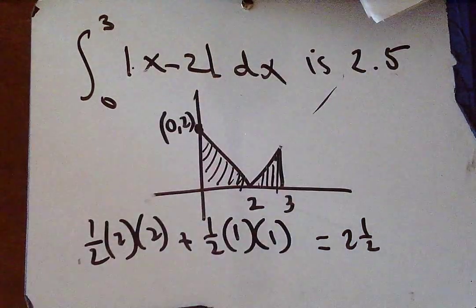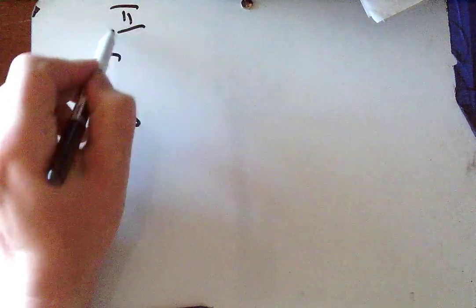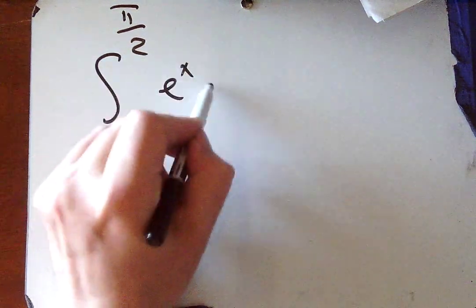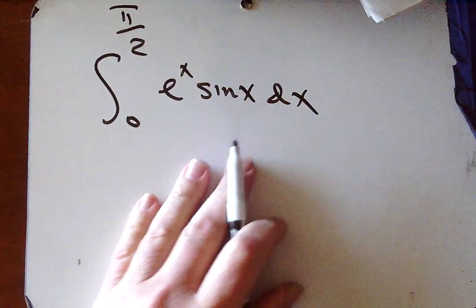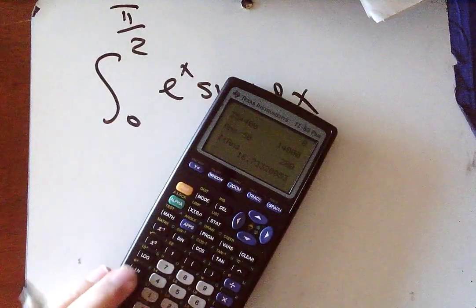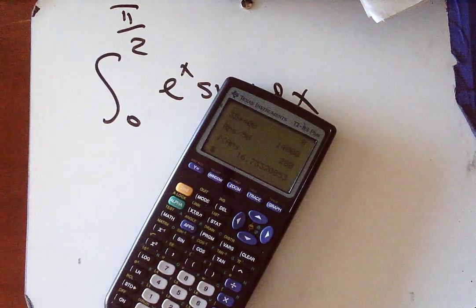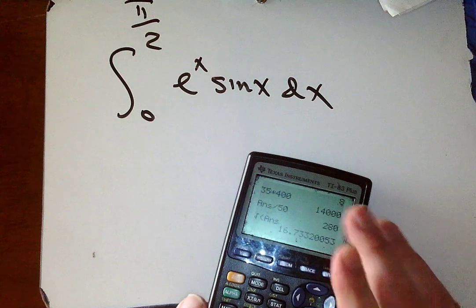All right. Now, what about something like this? The integral from 0 to pi over 2 of e to the x sine x dx. We'll actually learn how to do this by hand, but right now, I think you need to be doing it with your calculator. Does that help a little? There we go.